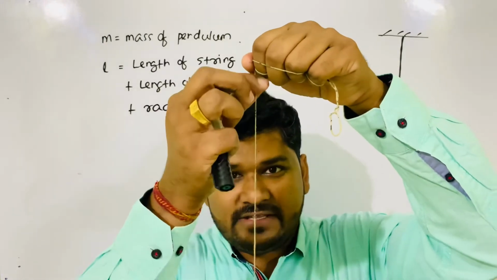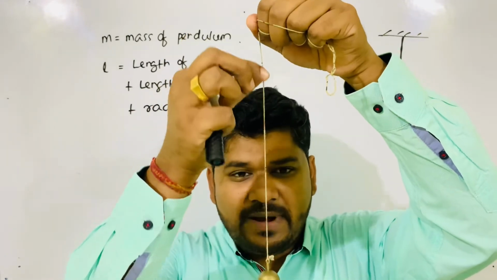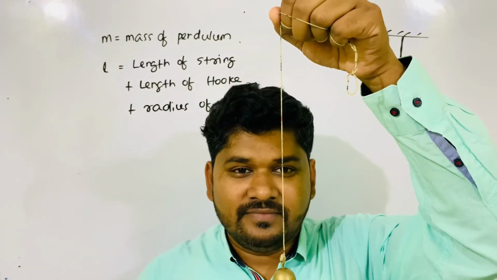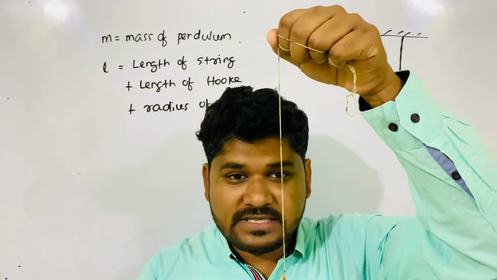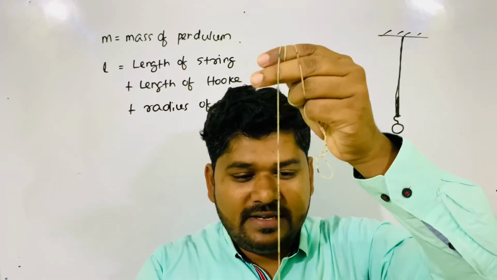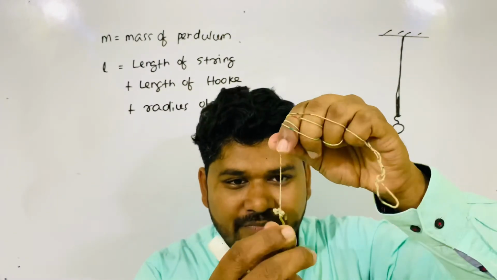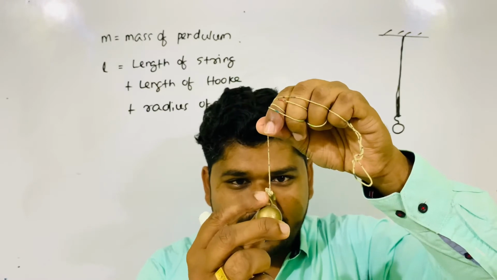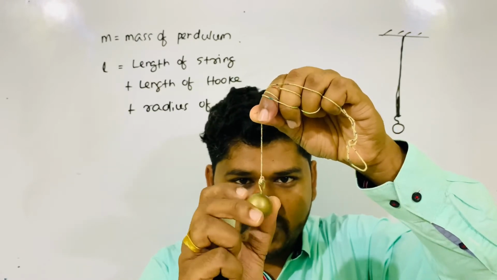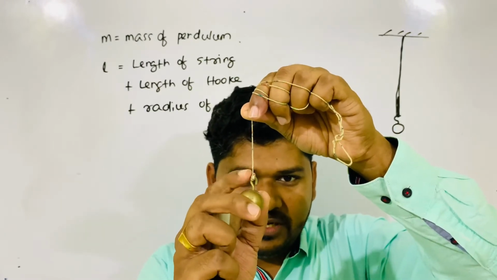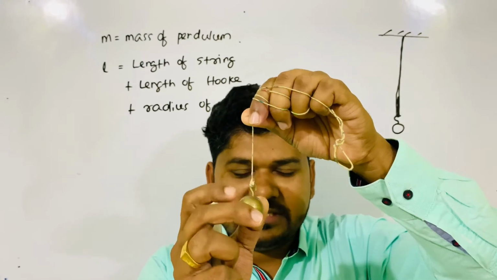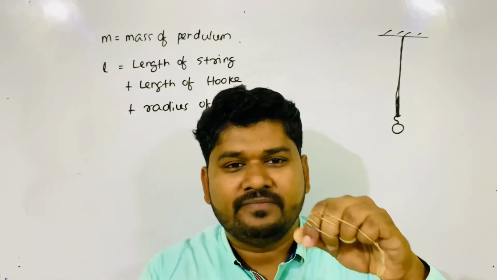See, this is the length of the string. How will you find it? With the help of a normal scale. Then the length of the hook: you mark the hook here, there is one hook in the pendulum. This hook length you also measure with a normal scale.